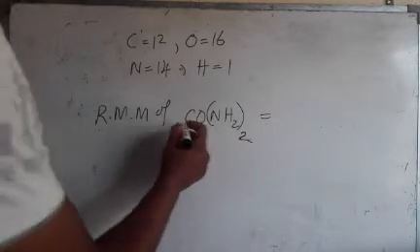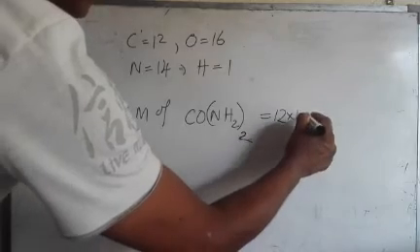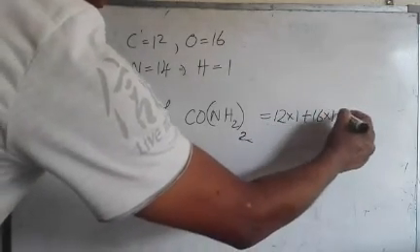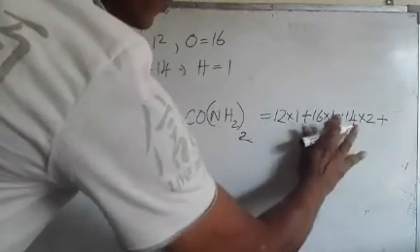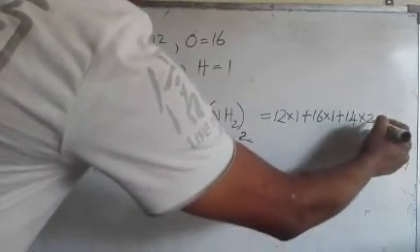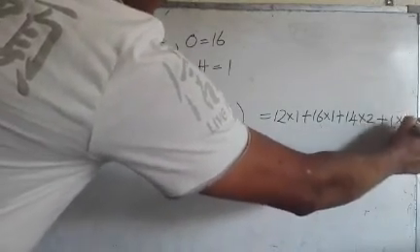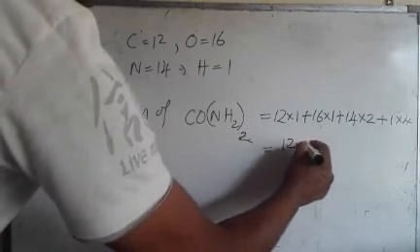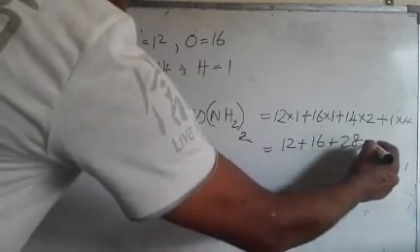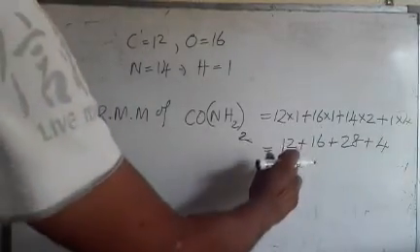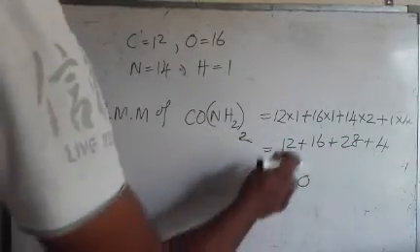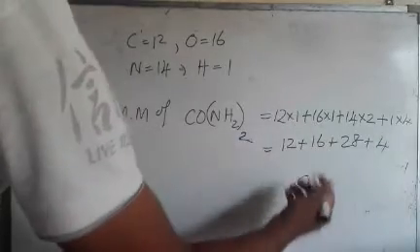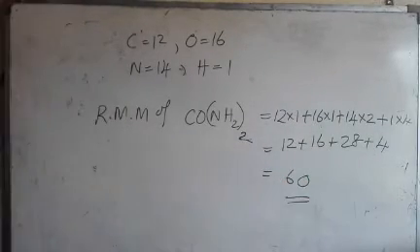So we can calculate it: 1 carbon, 1 oxygen, 2 nitrogen, and 4 hydrogen. So 12, 16, 28 and 4. Adding them, we get 60. So the relative molecular mass of urea is 60.